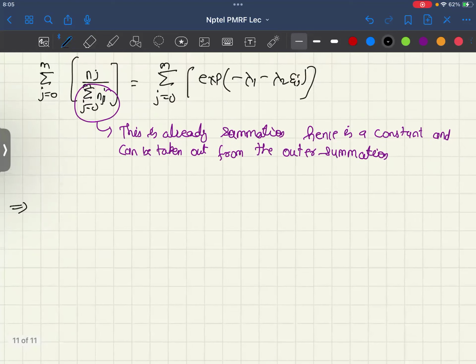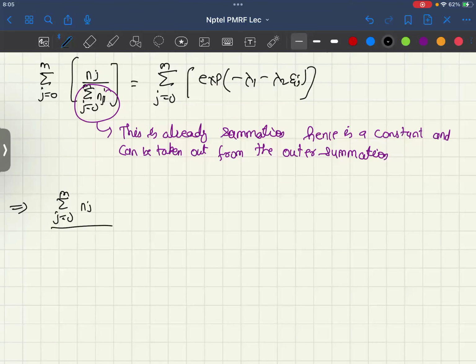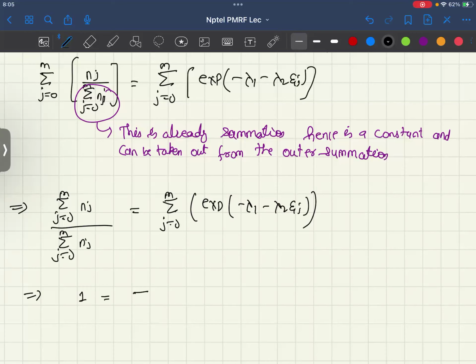This implies summation j equals 0 to m of nj divided by summation j equals 0 to m of nj is equal to summation j equals 0 to l of exponential of minus lambda 1 minus lambda 2 epsilon j. This implies 1 is equal to summation j equals 0 to l of exponential of minus lambda 1 minus lambda 2 epsilon j.